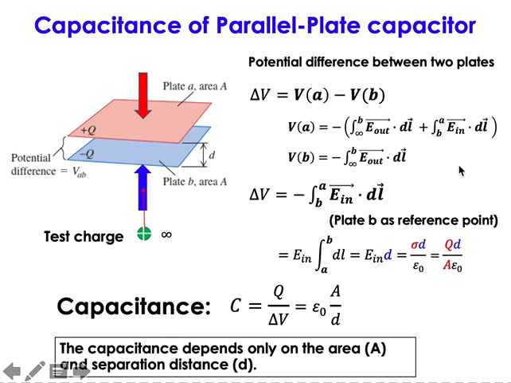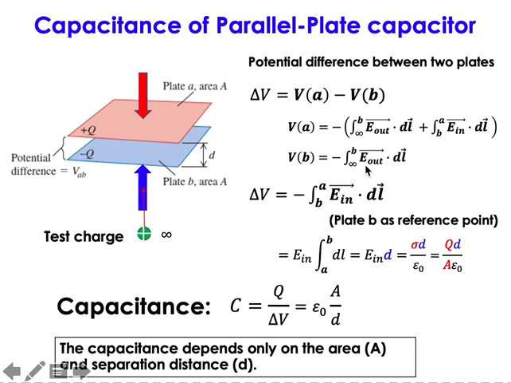On the other hand, the electric potential of plate B can be expressed by this. This is just moving the test charge from infinity far to plate B. So the difference between electric potentials is equal to this.